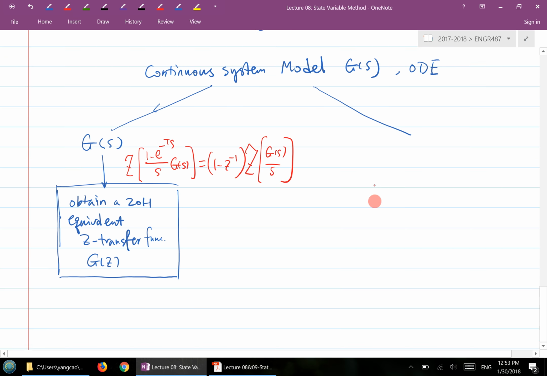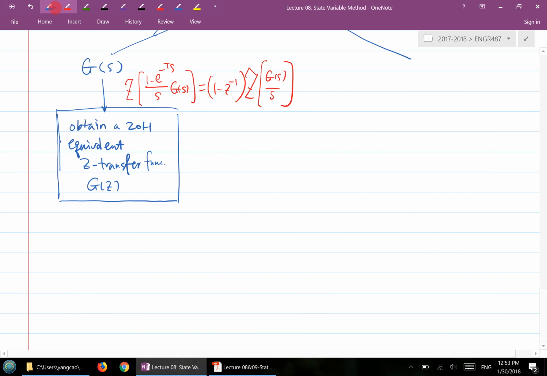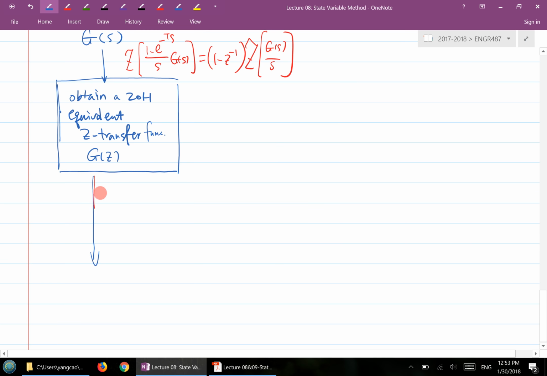Once you get this G of Z, there are two ways. You can directly derive this discrete state space model from here.